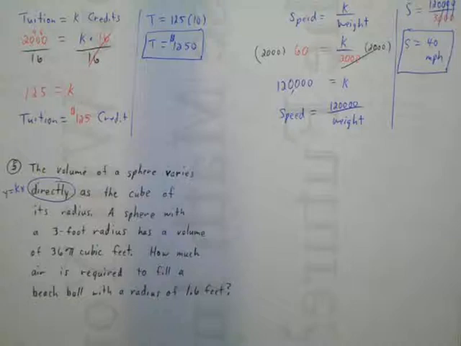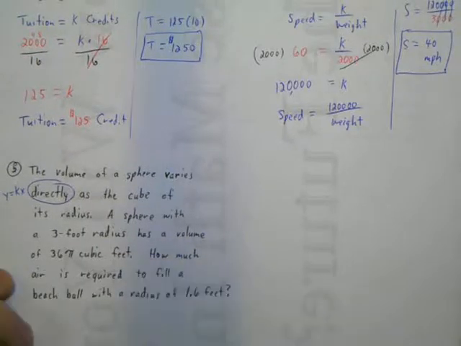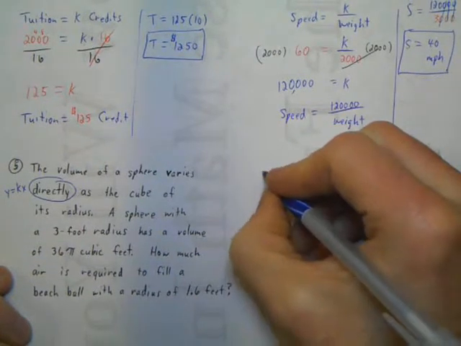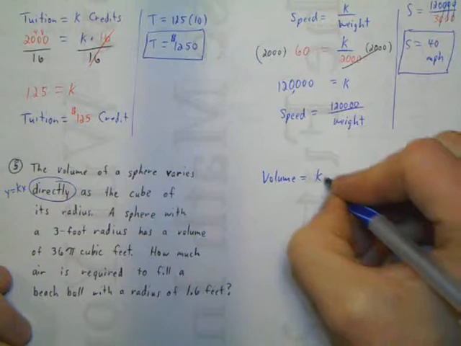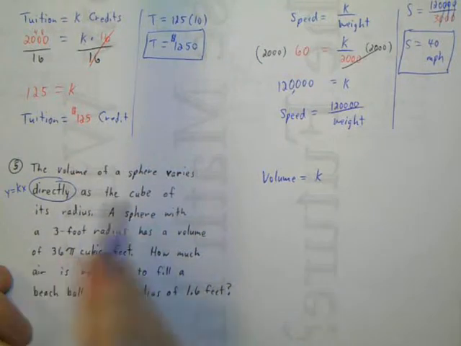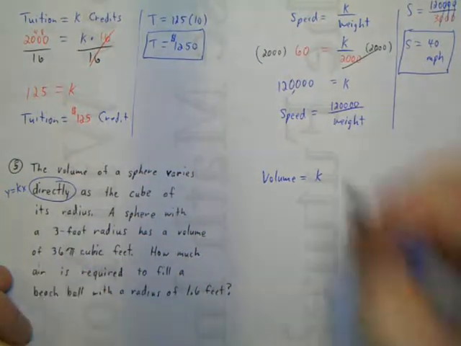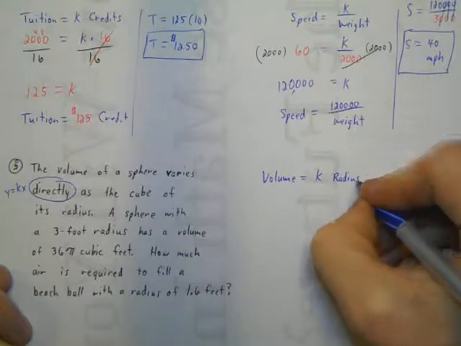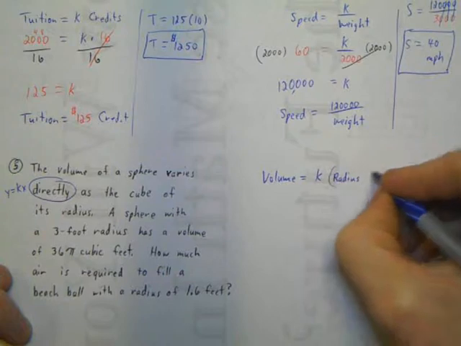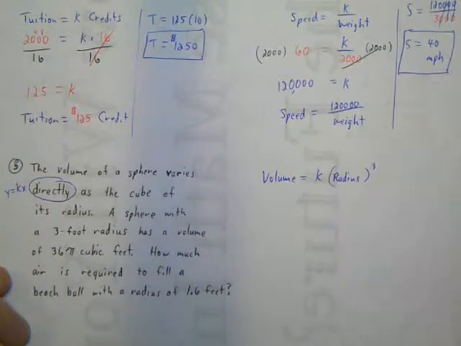So what comes before the word vary is volume. So I'm going to say that my volume equals my constant k times what comes afterwards, the cube of its radius. So I'm going to write this radius. The word cube means an exponent of 3. So my volume equals my constant times my radius to the 3rd power.